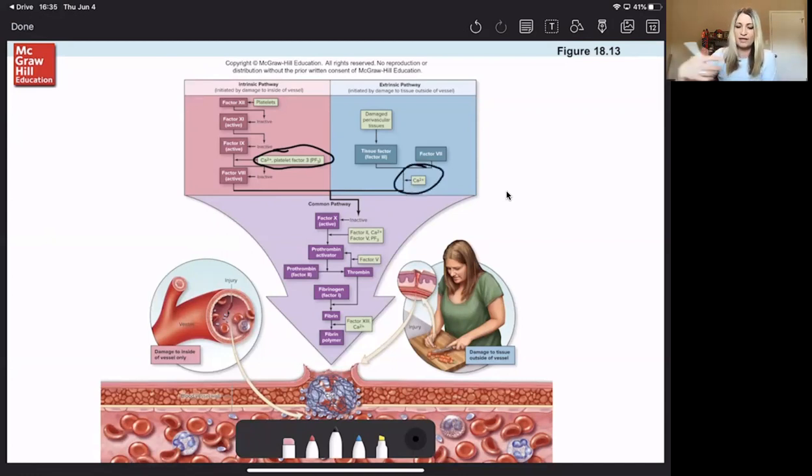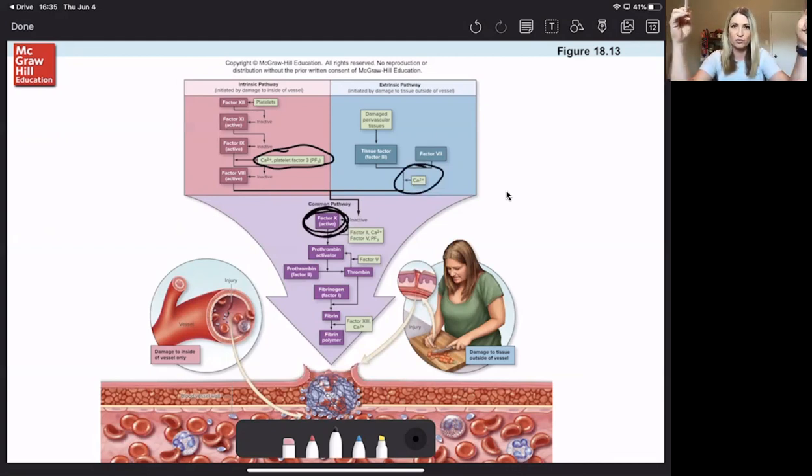And then whether you start with the intrinsic pathway or the extrinsic pathway, we are going to then activate factor 10 here, okay? So if you start with intrinsic pathway, you're going to end up with factor 8, which will activate factor 10. Extrinsic pathway, you end up with that factor 7 and 3, and then they're going to activate that factor 10. So common pathway is going to begin with factor 10.